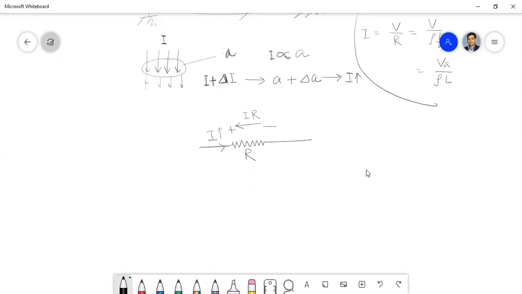Okay, so the application is actually in the fluorescent lamp or in CFL. In a fluorescent lamp, you know, over this 1 meter length of the tube, between the two ends, we don't have any conductor, isn't it? It is just a medium, but the medium is at low pressure.